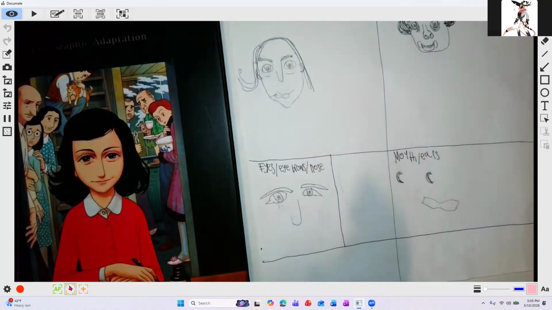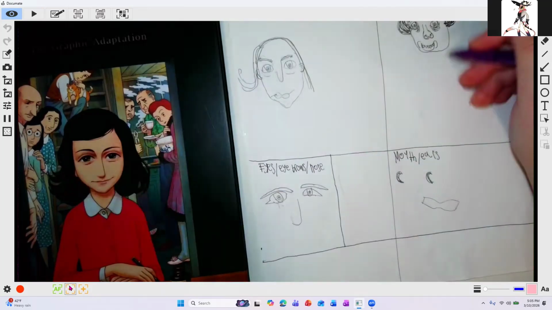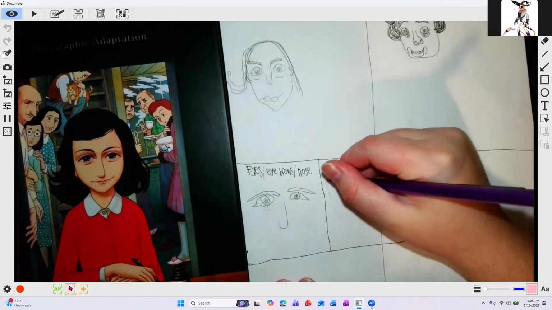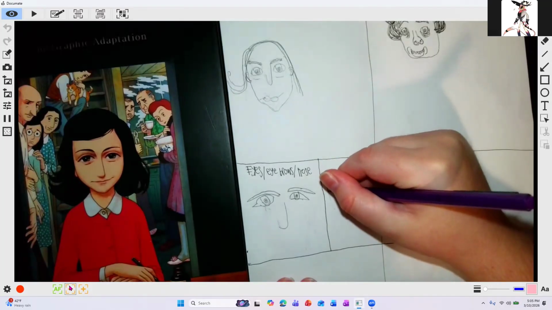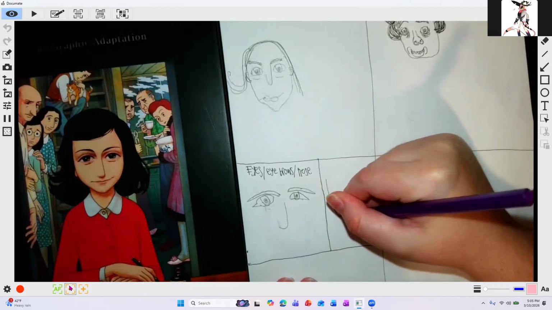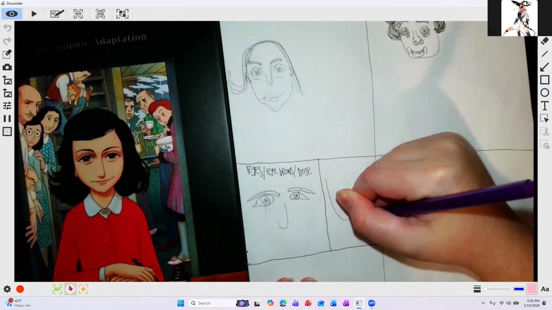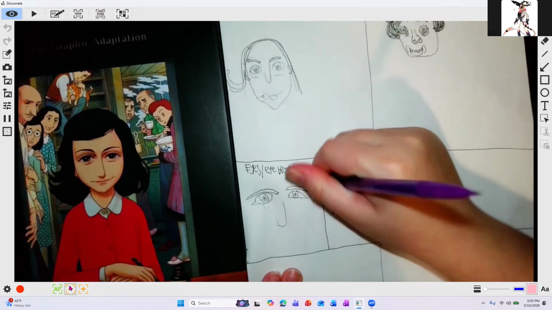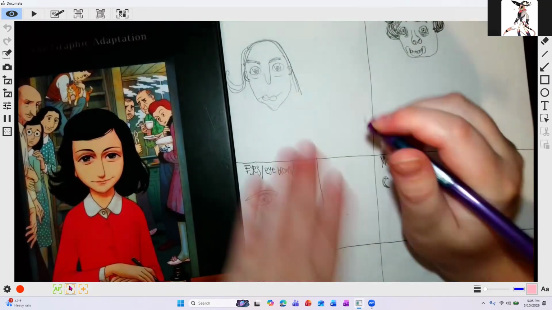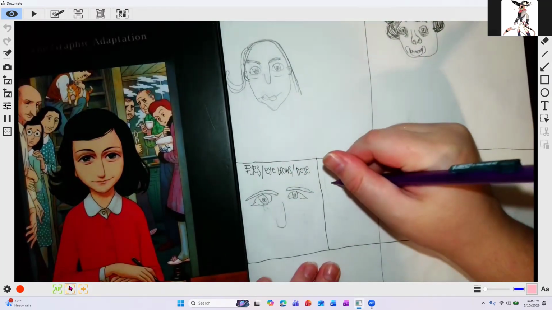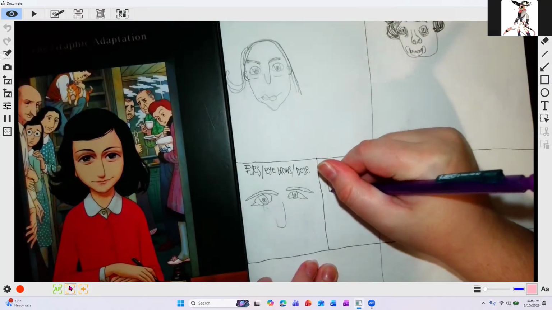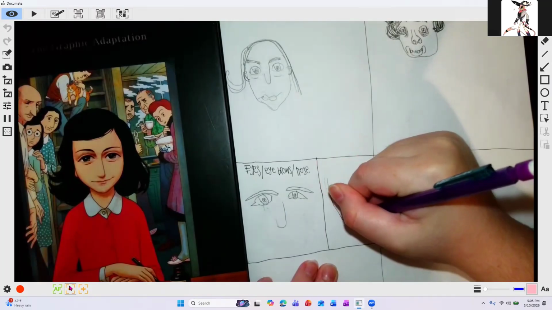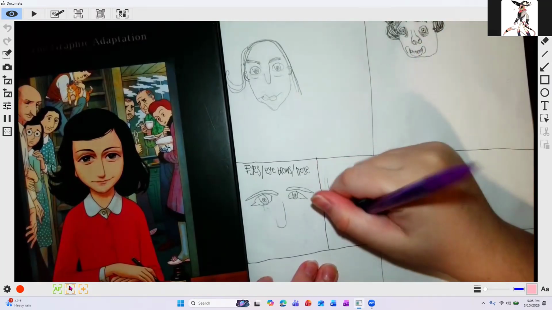I forgot the chin is kind of like a triangle, but here it's curved, so it's kind of annoying me. All right. Almost done here.